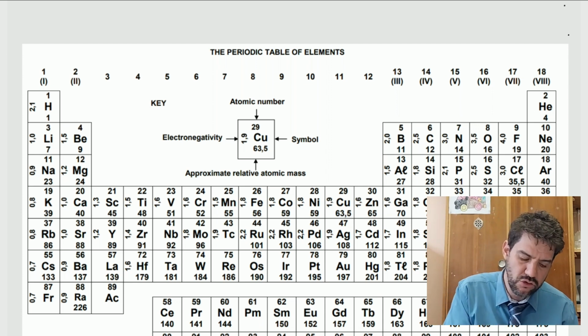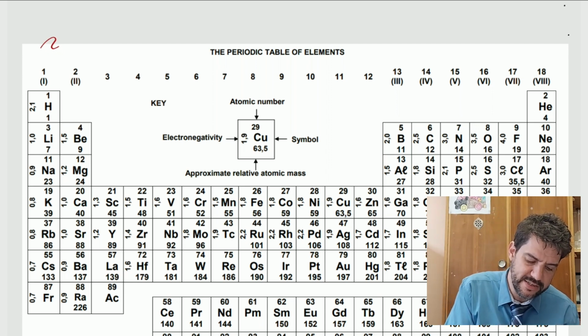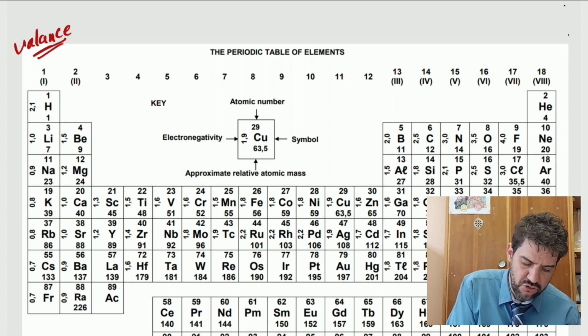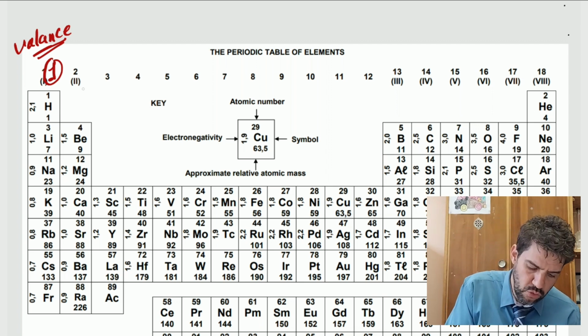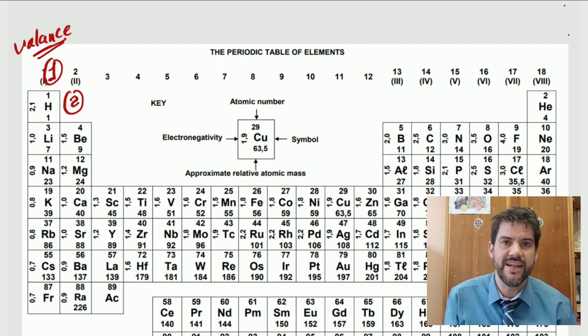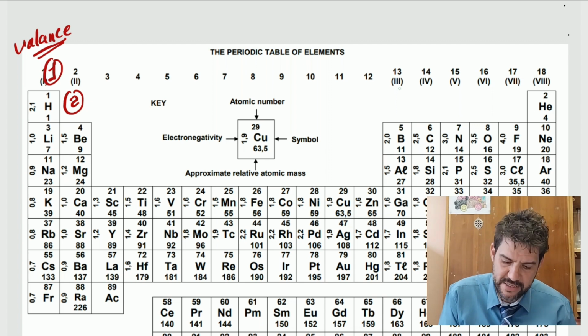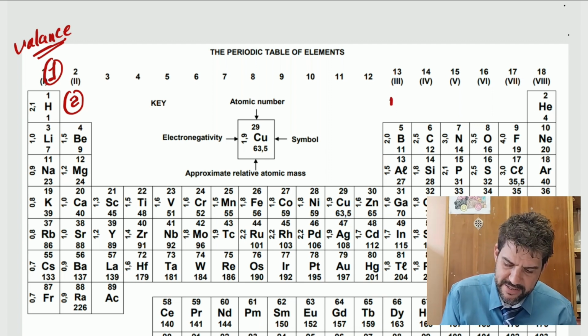All elements in group 1 will have 1 valence electron. All group 2 will have 2 valence. All group 13 will have 3 valence.